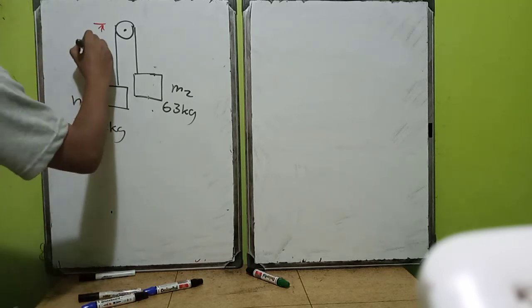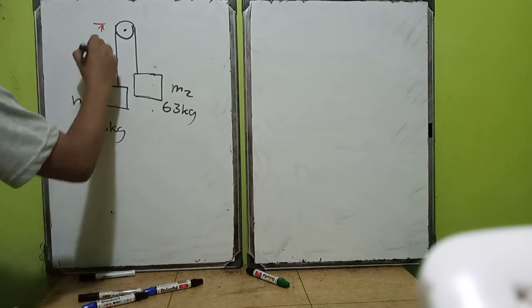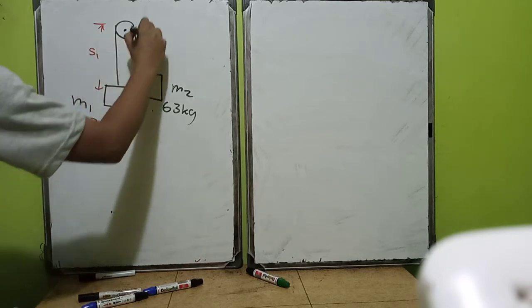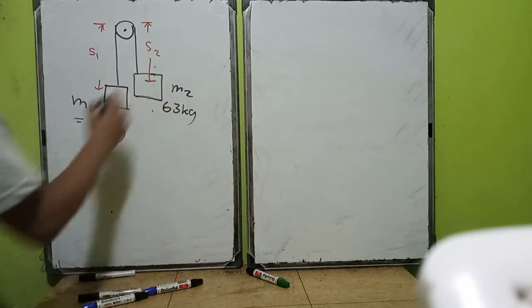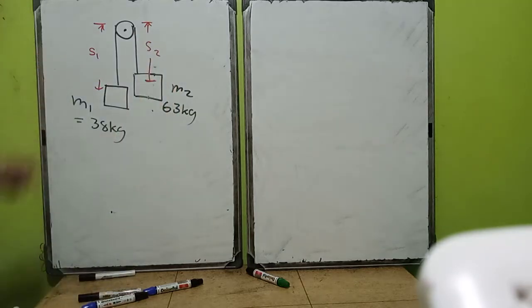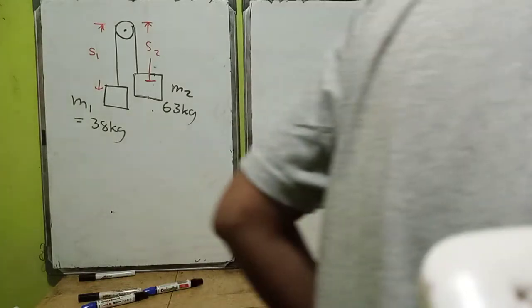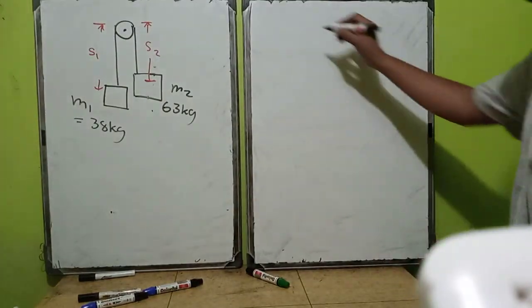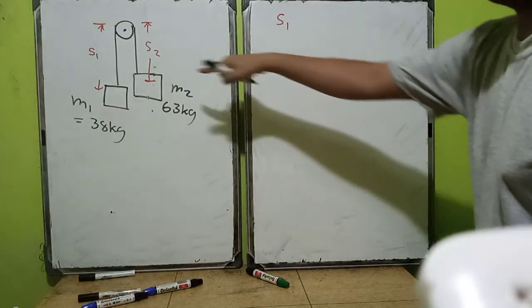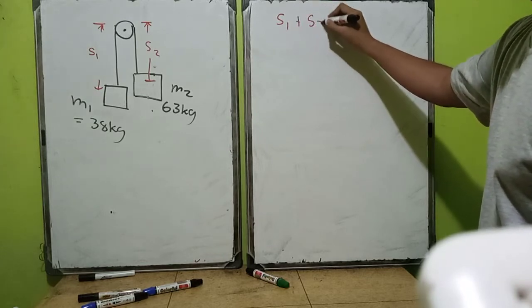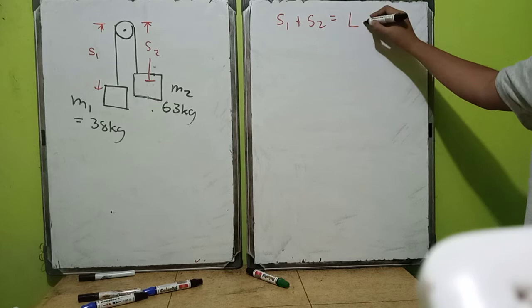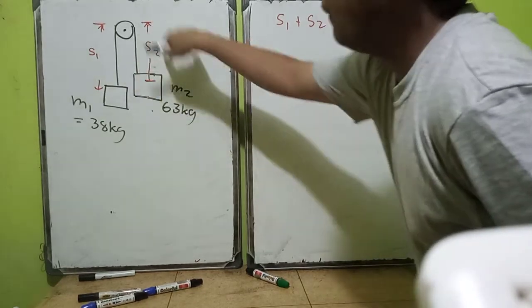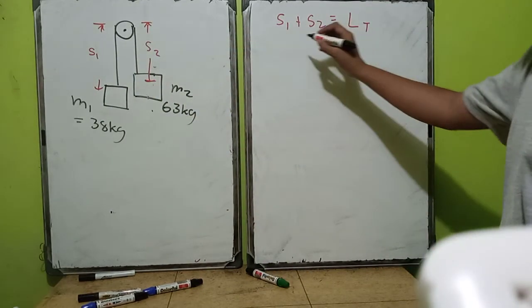Let us say this is M1, this is S1 and this is S2. So therefore our formula here will be S1 plus S2 is equal to the total length of the pulley rope.